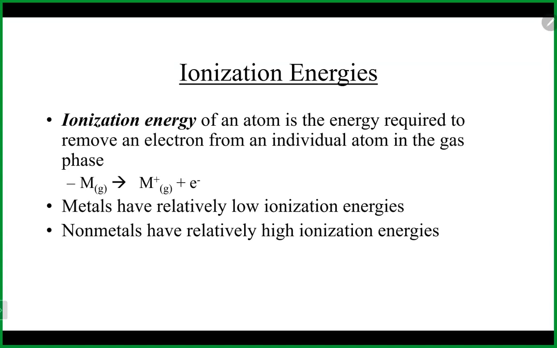And electrons actually do come off one at a time. So things do not lose all their electrons at once. They actually come off in a stepwise fashion. And when we look at the periodic table and we think about ionization energies, we associate ionization energies with the formation of cations.